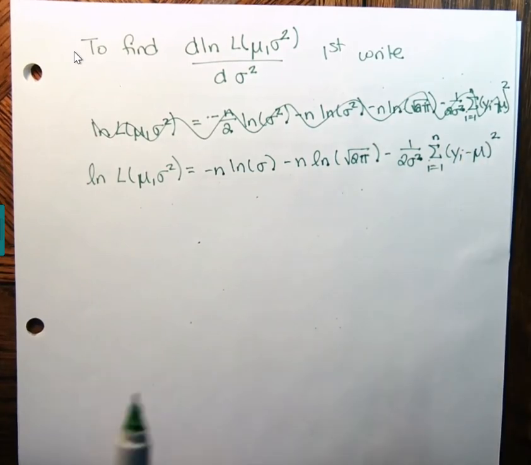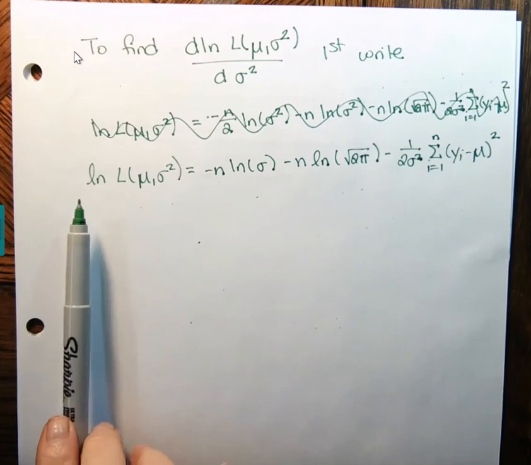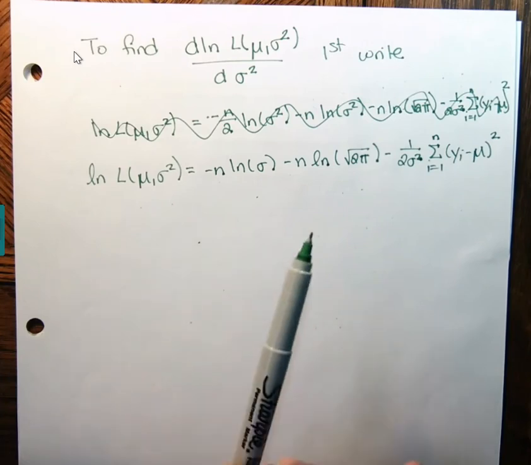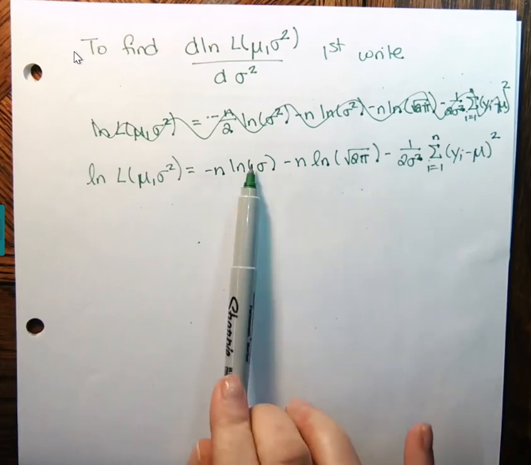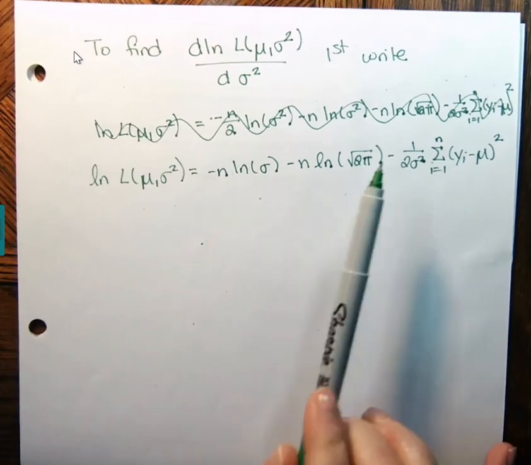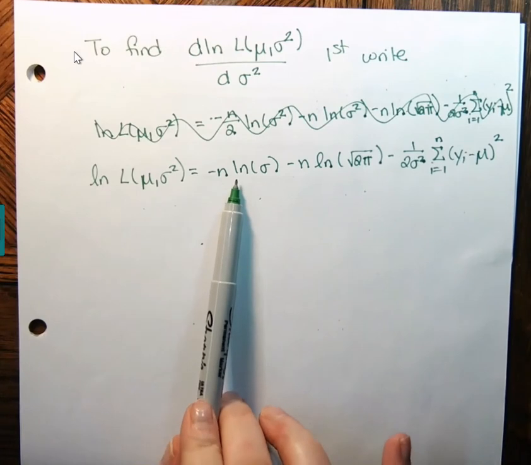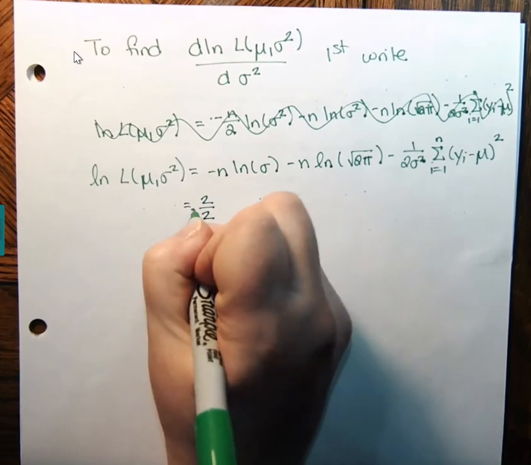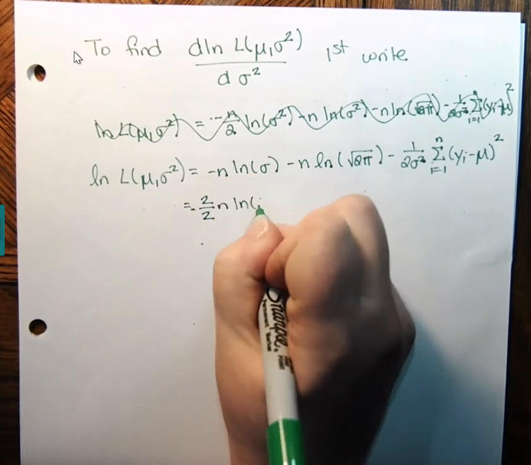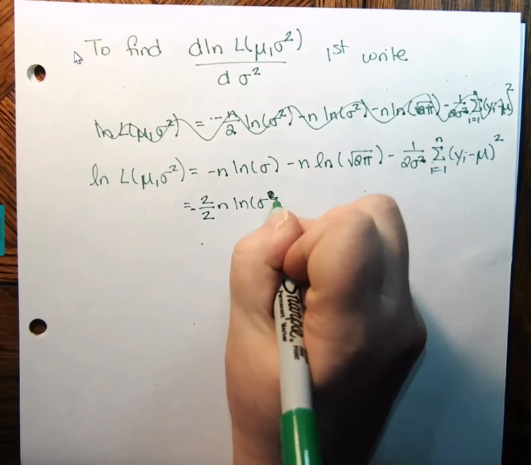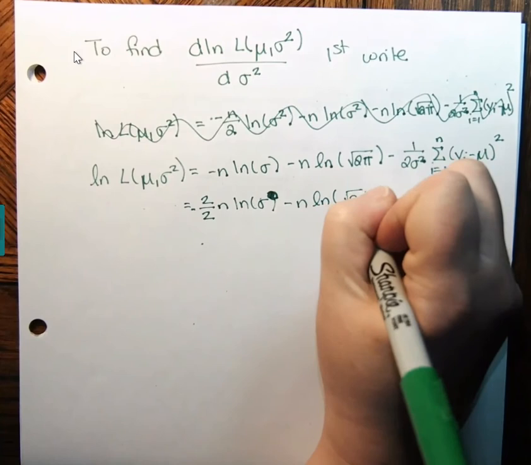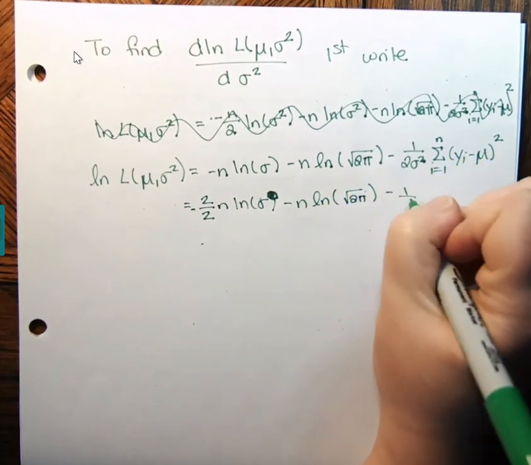Alright, so notice here we're going to be taking the derivative with respect to sigma squared, and that can get a little confusing. So what we're going to do is we want to rewrite these terms that have sigma so that they are both in terms of sigma squared. So notice this term right here, what I could do is that's equal to 2 over 2 n natural log of sigma. So just rewriting out the other terms.